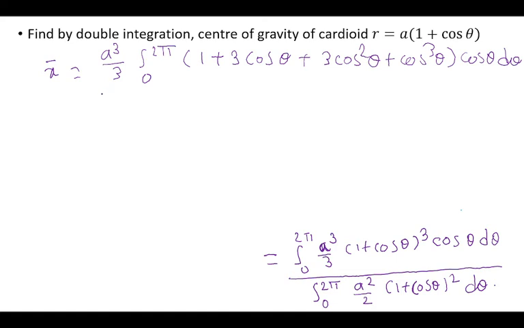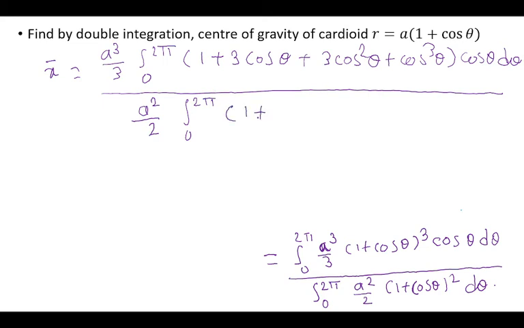So that is about the numerator. In the denominator, we get a square by 2. Okay, let me simplify that also, from 0 to 2 pi. In the denominator I will write 1 plus a square plus 2ab, because the bracket square is there, plus b square.